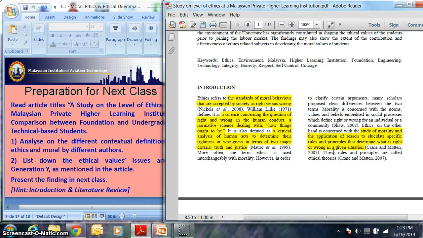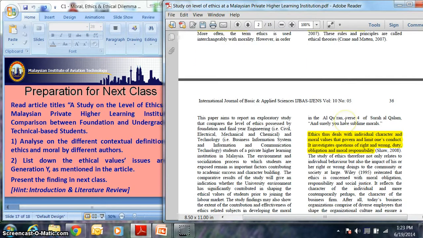These three authors said that ethics is to determine what is right and what is wrong. Next, the definition from Shaw. He said ethics deals with individual character, human behavior, and moral values that govern and limit one's conduct. It investigates questions of right and wrong, duty, obligations, and moral responsibility.